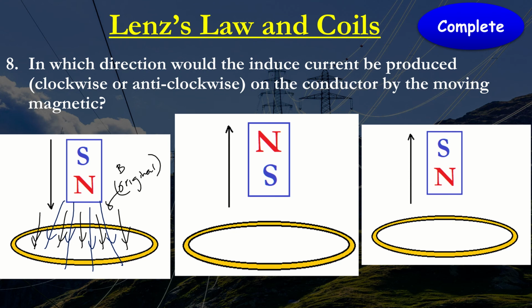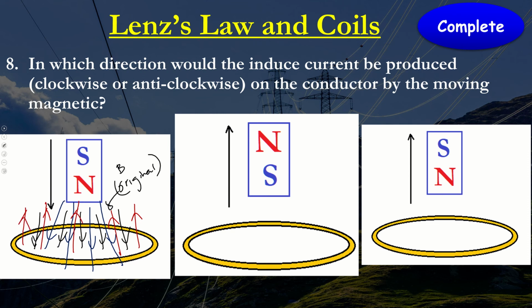What's going to happen here, according to Lenz's law, is I'm going to generate a magnetic field that opposes this. If more field lines are going into this conductor, Lenz's law states I would generate more magnetic field lines coming out to repel it.